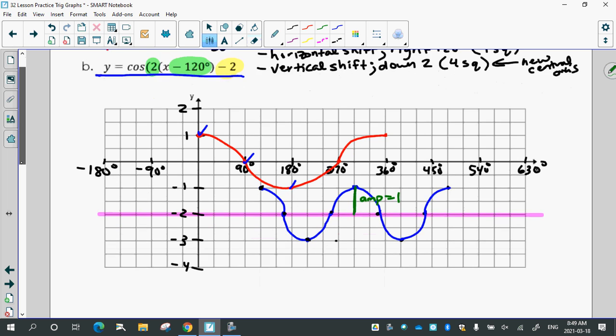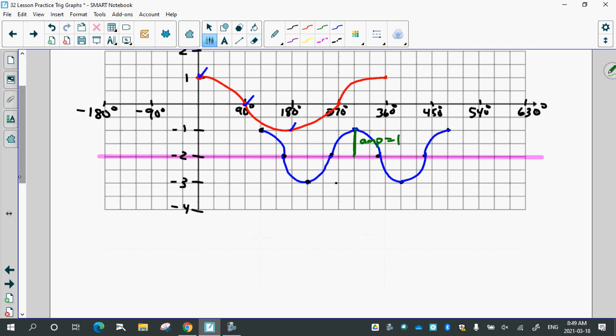Period. So I want to count the number of squares it takes for one cycle, just one cycle. So that's 1, 2, 3, 4, 5, 6 squares for one cycle. So the period is 6 squares times 30 degrees for each square, which is 180 degrees.